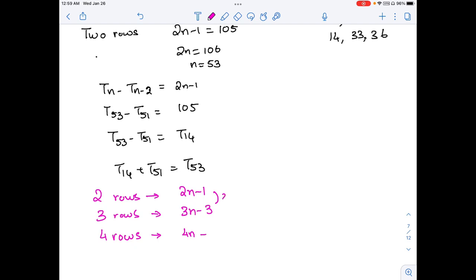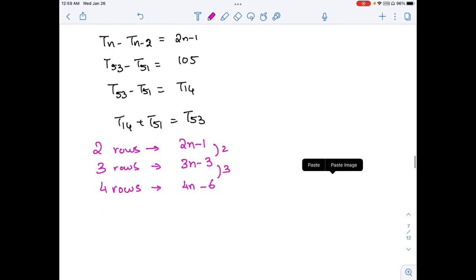See the difference over here, it is 2. So over here the difference should be 3. It should be 4n minus 6. Now 4n minus 6 is equal to 105. So 4n is equal to 111. So n is equal to 27.75, which is not possible.